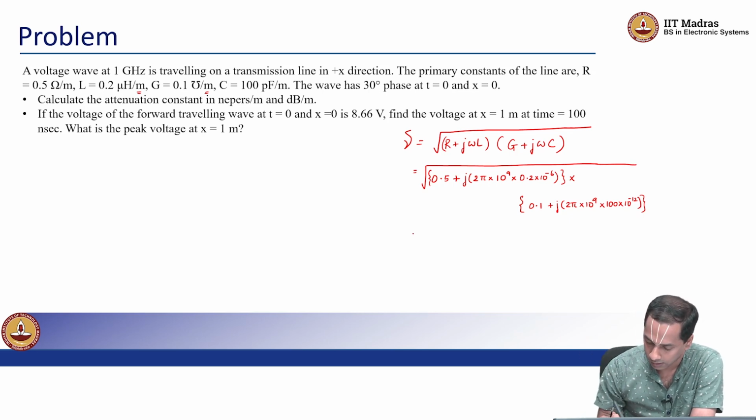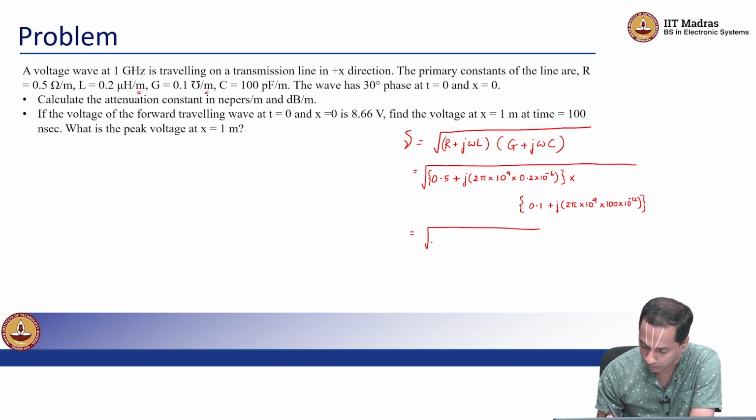So let's see how these numbers pan out. So I have half plus, 10 to the 9 times 10 to the minus 6, when I multiply that's 10 to the 3.